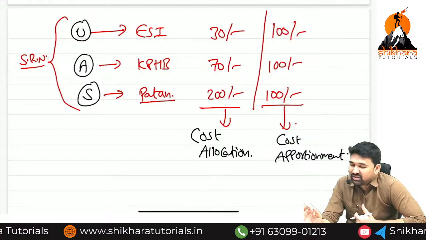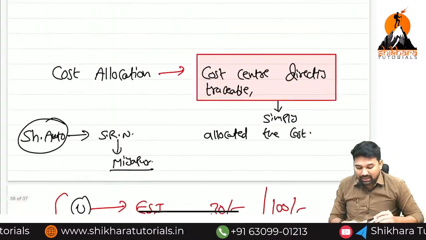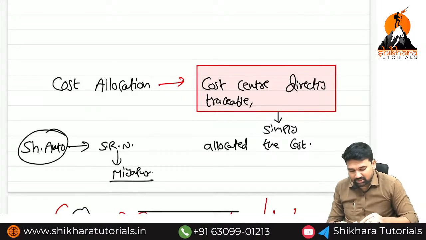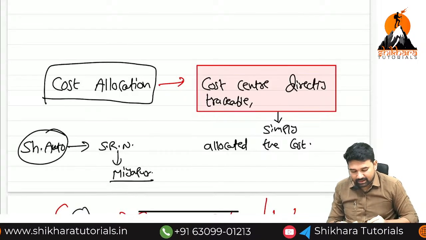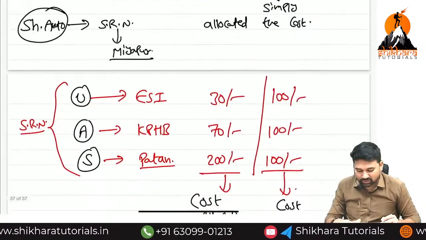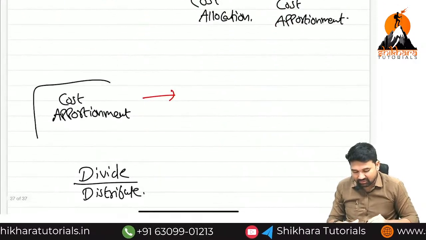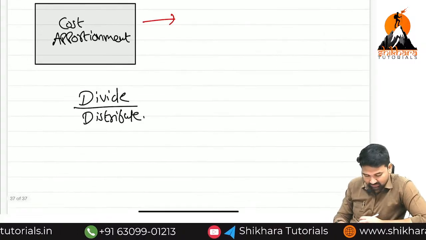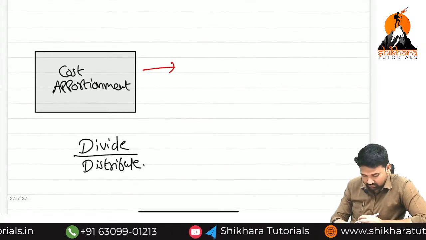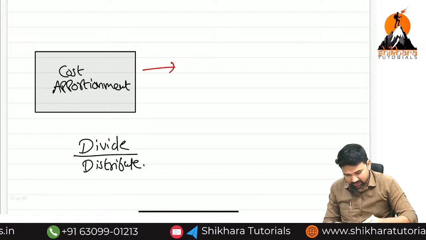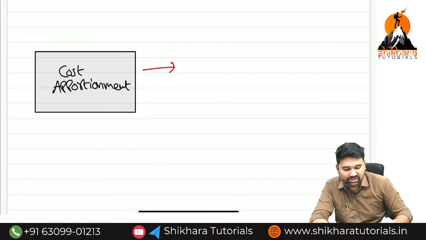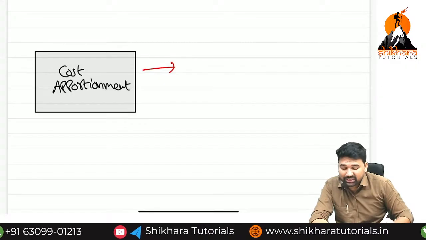So each and every cost center, in cost allocation and in cost apportionment, we have to do these things. Cost apportionment means the costs are directly traceable or not directly traceable.